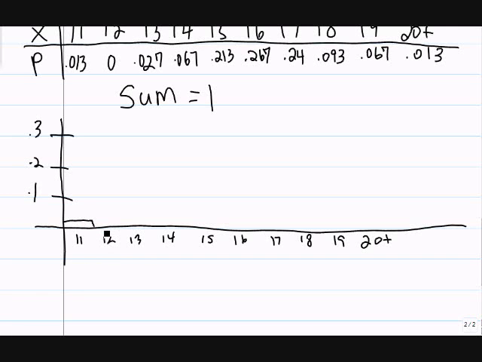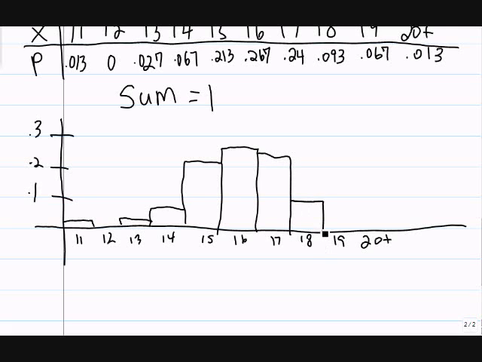I made it a little high. 12, 0. 13, 2.7, so it needs to be a little higher than that other one. 14, 6.7, so about more than halfway up here. 21.3, I can go up to there. 26.7, there we go. 24, 9.3, 6.7, and 1%. There we go. There's the histogram.